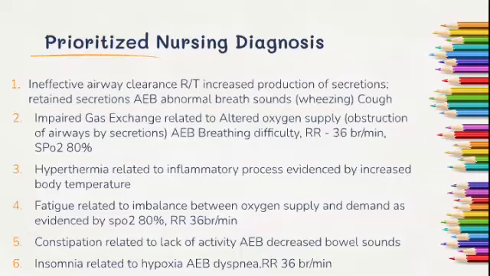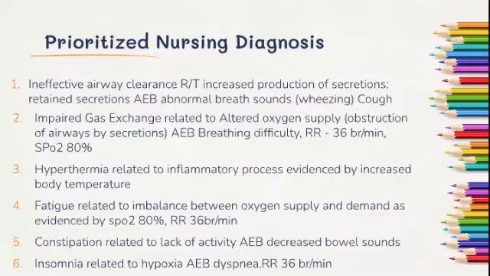And the next is fatigue related to imbalance between oxygen supply and demand. The patient is hypoxic, so that is the reason why the patient is having fatigue. Fatigue related to imbalance between oxygen supply and demand as evidenced by SpO2 80% or respiratory rate 36 breaths per minute. Constipation related to lack of activity as evidenced by decreased bowel sounds.